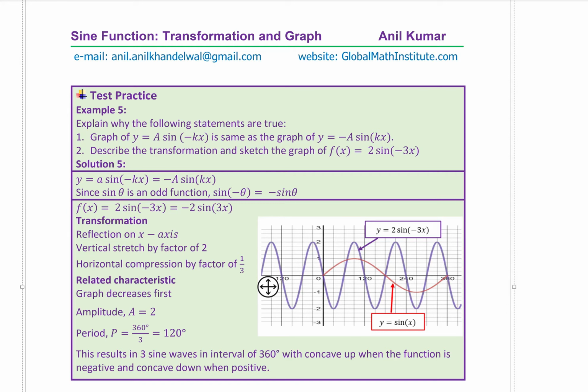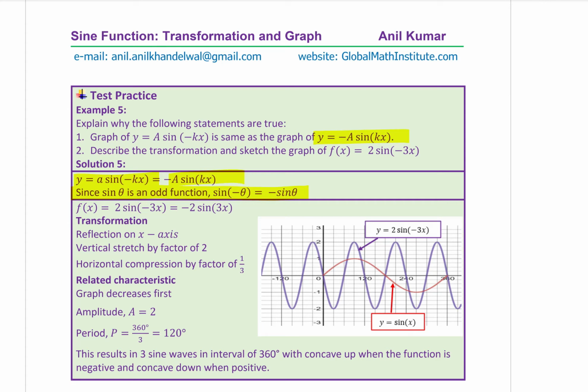And the second one is, describe the transformation and sketch the graph of f of x equals 2 sine of minus 3x. So you can pause the video and answer this question. The straightforward answer for the first statement is that we know that sine of minus kx is minus sine kx, and therefore, we have this statement.